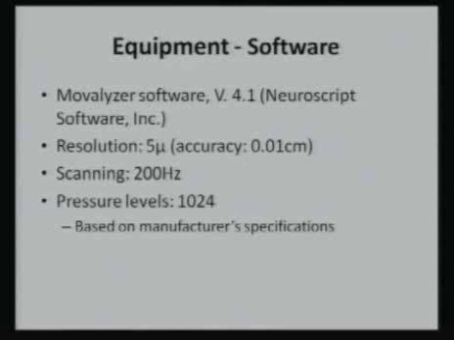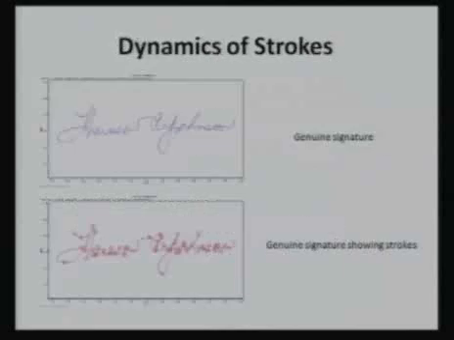They're pretty high up now. The tablet has a resolution of 5 microns. It scanned at 200 hertz and had 1,024 pressure levels. We actually used a pressure pen to calibrate the tablet to get gram weight measures.